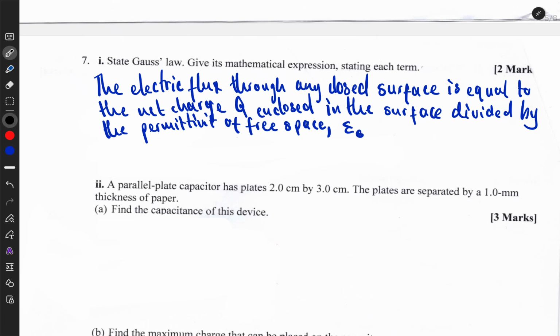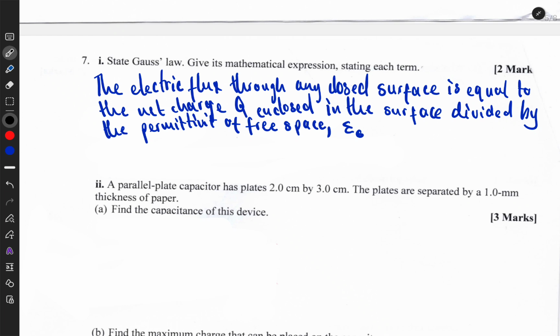Okay, this is going to be Gauss law. It says the electric flux that goes through any closed surface is equal to the net charge enclosed in the surface, or the total charge inside, divided by the permittivity of free space.